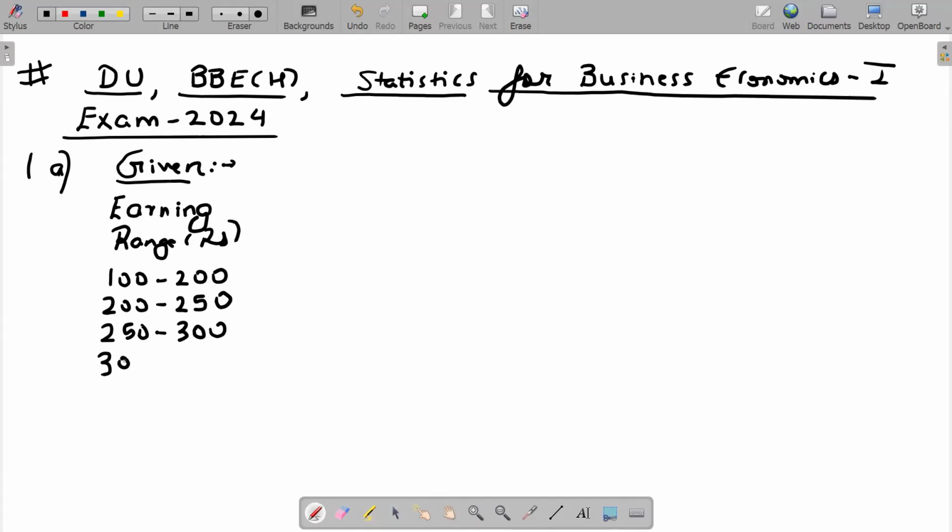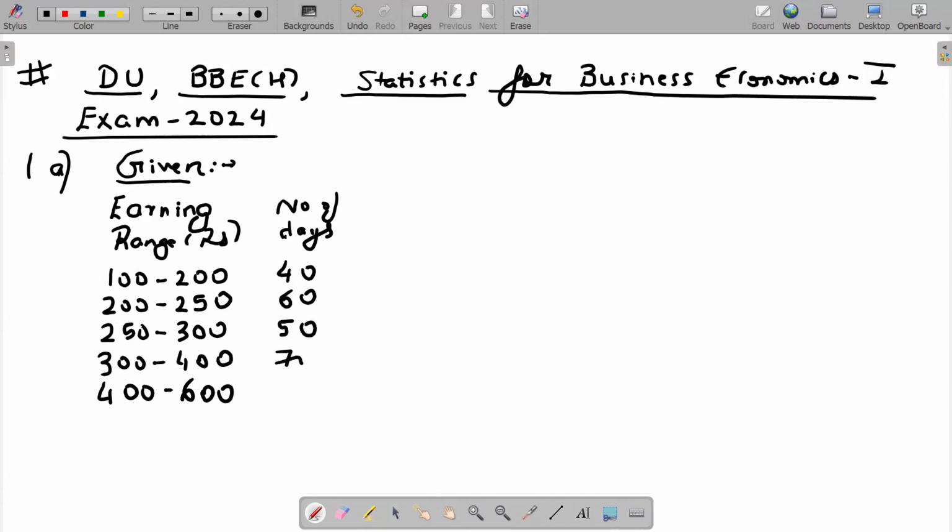Then we are given 300 to 400, 400 to 600. And we are also given the number of days, which are 40, 60, 50, 70, and 80.